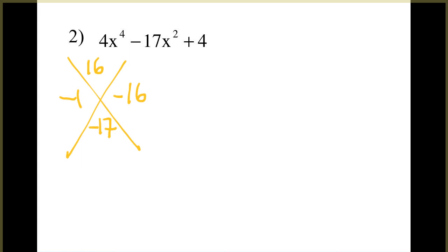So remember, we're going to use the first term, 4x to the fourth, and I've got my last term, the 4, and the 17x I'm going to break up by minus x, and how about a minus 16?